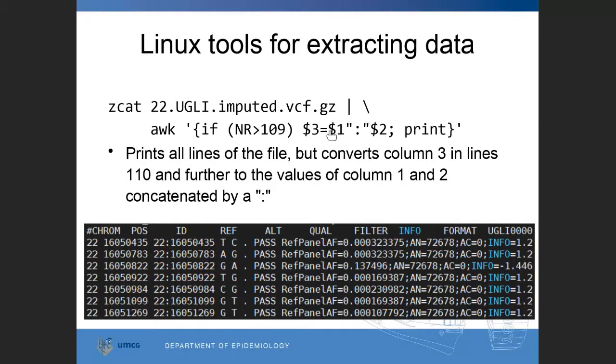Then you can say, okay, I only want to change the ID, so that's column 3 for lines 110 and on. Then it will change column 3 only for the genetic data, not for the header. And you see it like here, this would then be the result. So here you concatenated 22 and the position, 60 million and so on, separated by a colon.